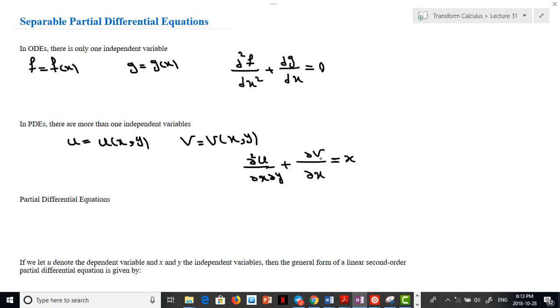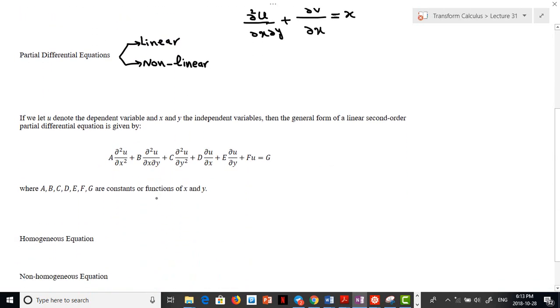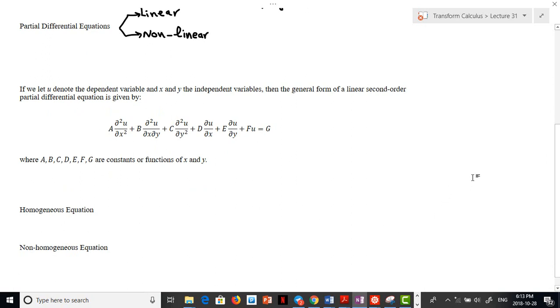In general, partial differential equations can be categorized as linear and nonlinear. So we have linear partial differential equations and nonlinear PDEs. In this chapter, we just want to talk about linear partial differential equations. So what are linear partial differential equations?